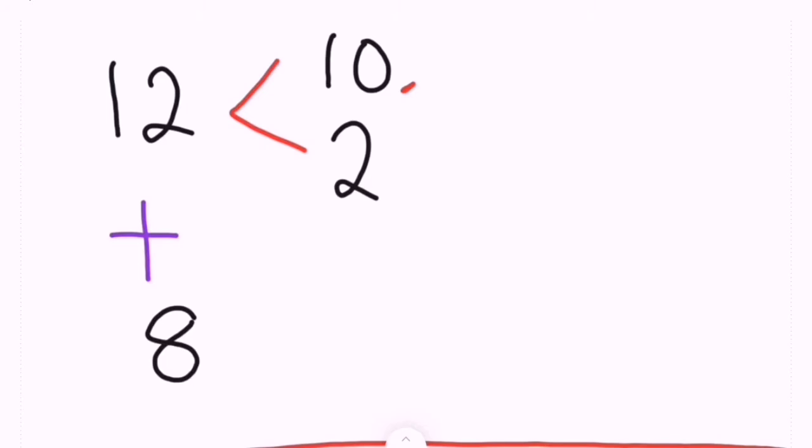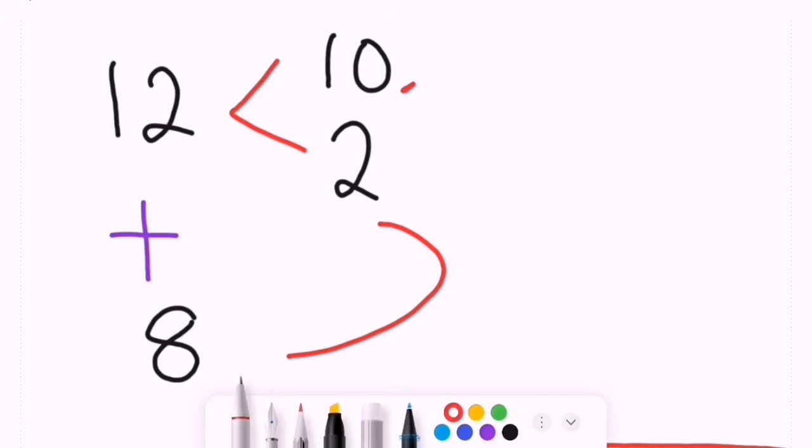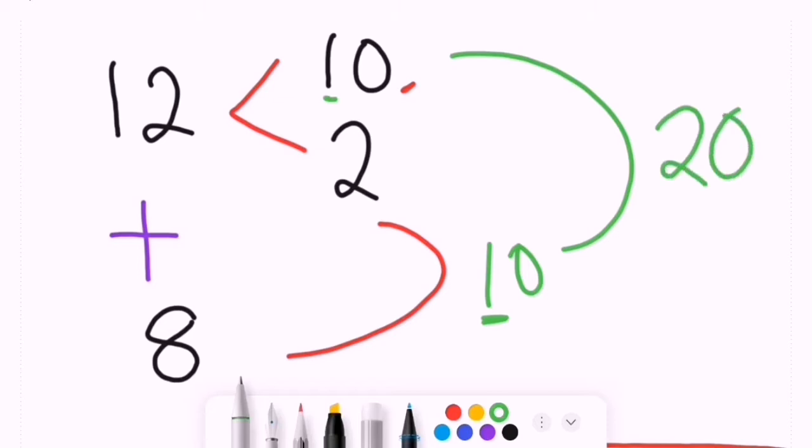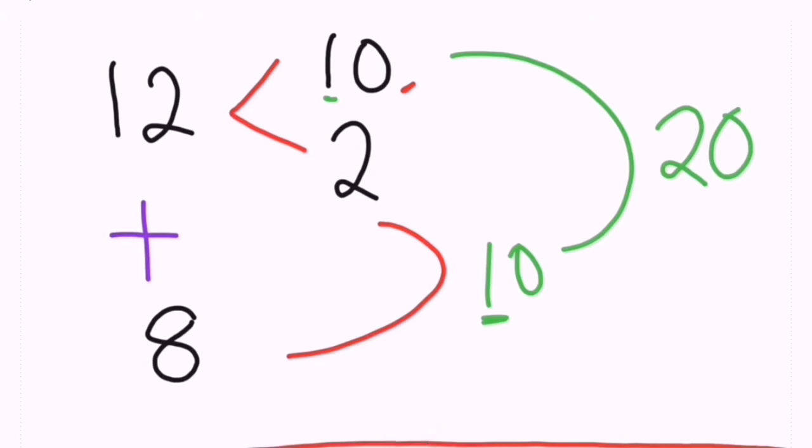So for the single digit, if we add the two together, we'll end up having 10. Then we'll add this 10 with this 10, and we know that we're only going to add this 1 plus 1, which is going to be 2. Then we add the 0, and you can see it is just a matter of 1 or 2 seconds and we'll be able to solve this problem.